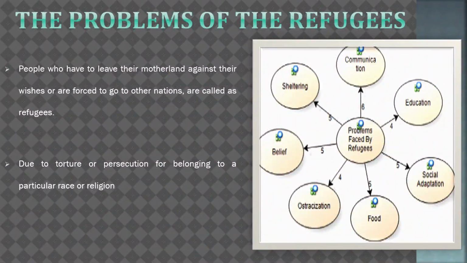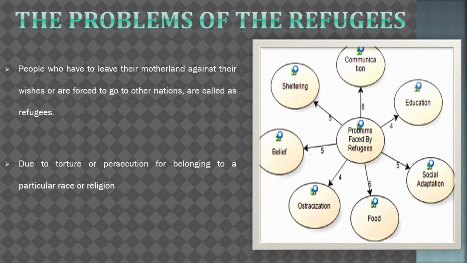The problems of refugees. Children, let us see to whom we call refugees. People who have to leave their motherland against their wishes, or who are forced to go to other nations seeking refuge or security are called refugees.